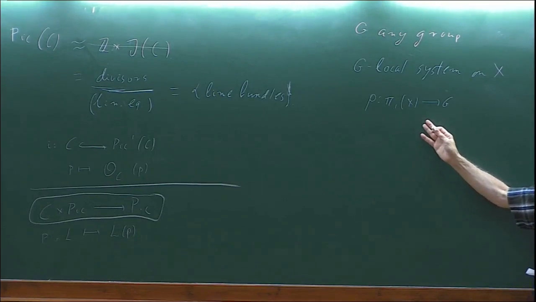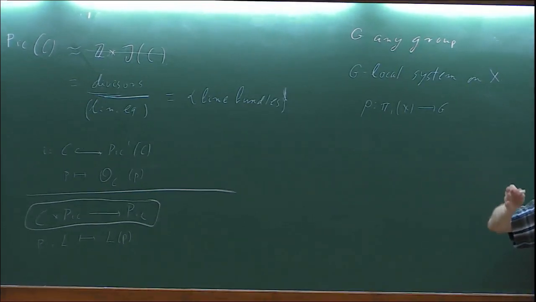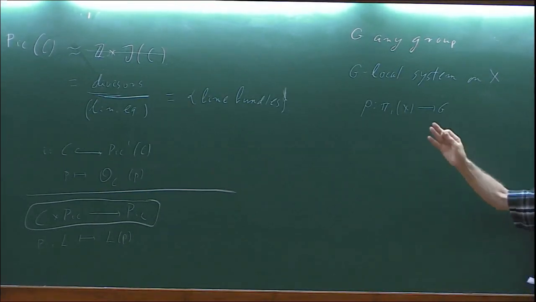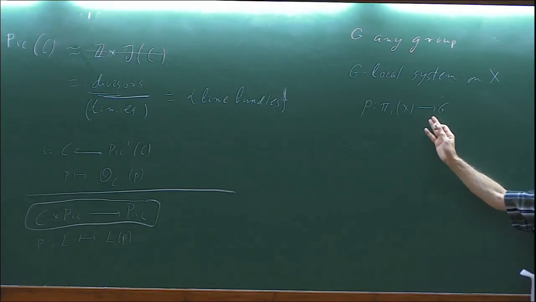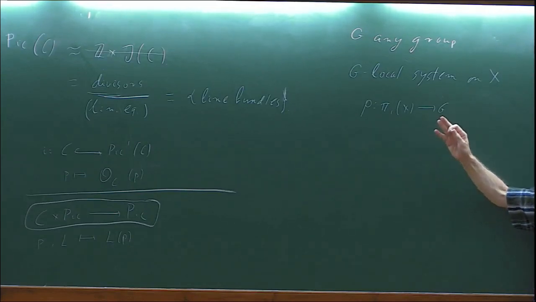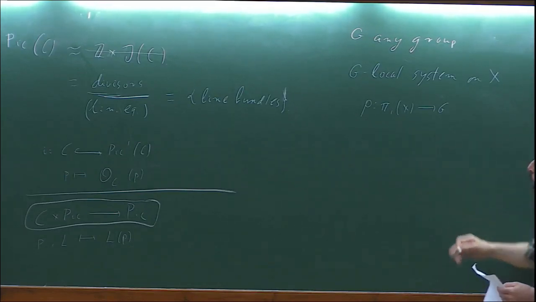To such a representation, you can associate a geometric object. Well, you really need something on which G acts. So you could take G to act on itself, and then you have a principal bundle. Or you can take some vector space on which G is represented, and then you get a vector bundle.